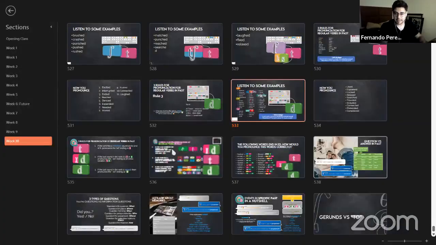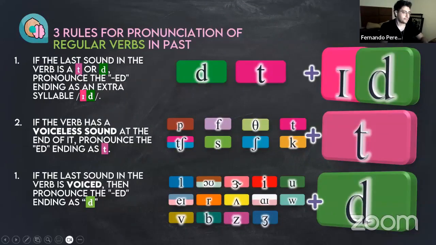Please help me passing this slide through WhatsApp. This is the summary for this lesson. Of course, remember the drill strategies.